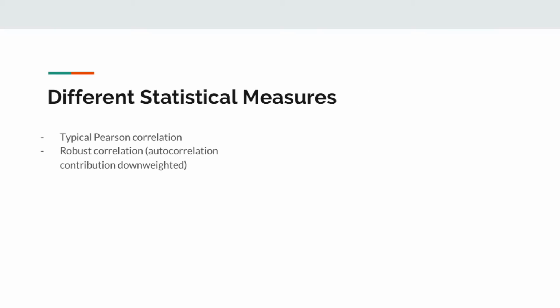And then besides Pearson's correlations, you can also use other statistical measures such as a robust correlation. This is essentially just correlation, but the contribution to correlation coming from the autocorrelation of a signal is downweighted.